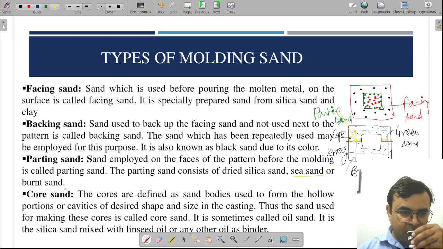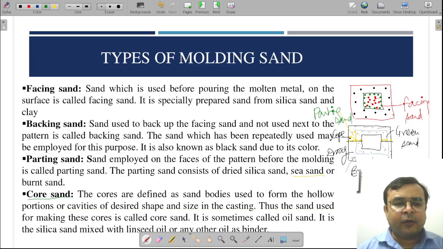Next, core sand. Core sand is basically a sand which is used for making cores, and in this, instead of using water, we use linseed oil. Obviously we have silica sand, and for bonding purpose we use linseed oil, or some other binders may also be used. So this is called as core sand, and it is used for making a core.